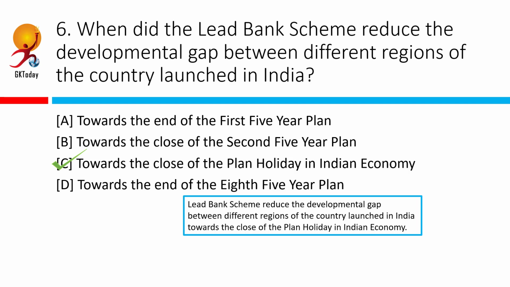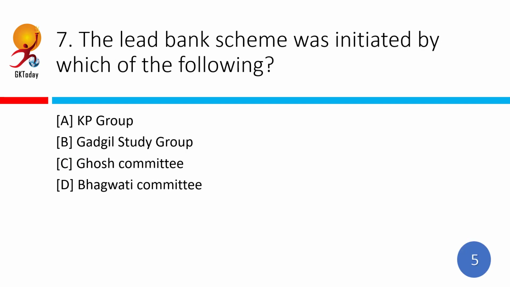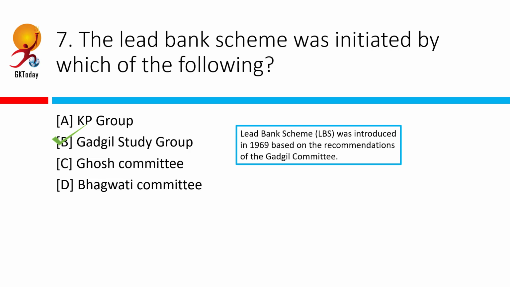So the idea of the scheme was, of course, to reduce the developmental gap between different regions of the country, and this was launched in India towards the close of the planned holiday in Indian economy. The Lead Bank Scheme was initiated by which of the following? We've already discussed this as well. Correct answer is Gadgil Study Group.